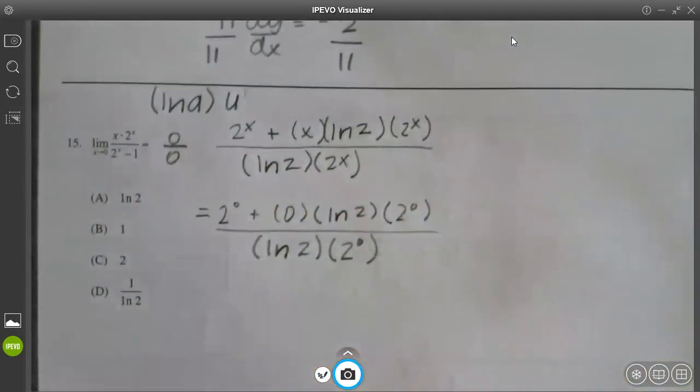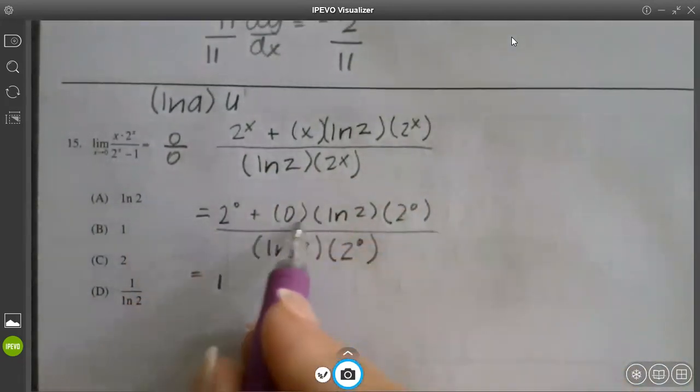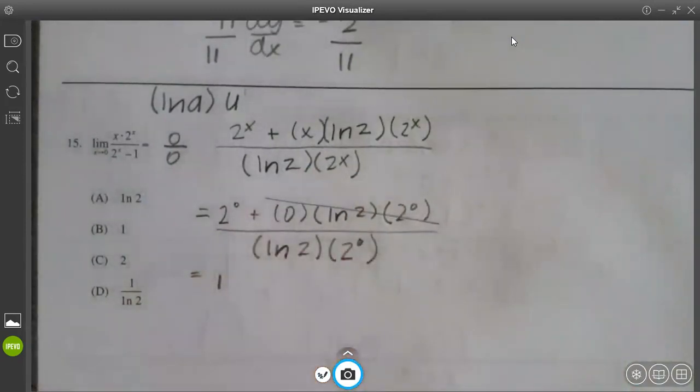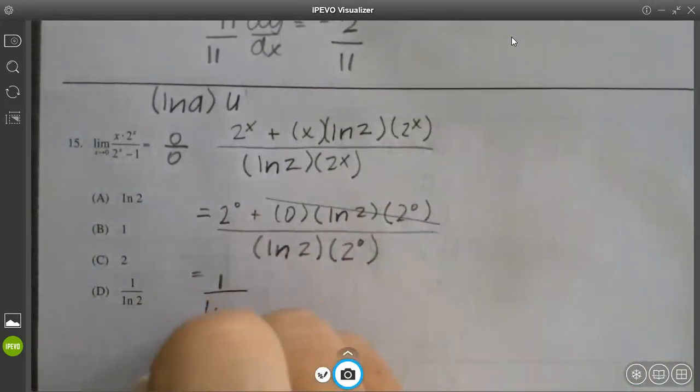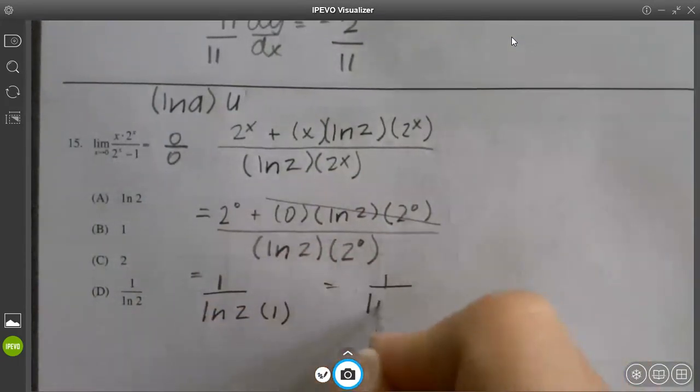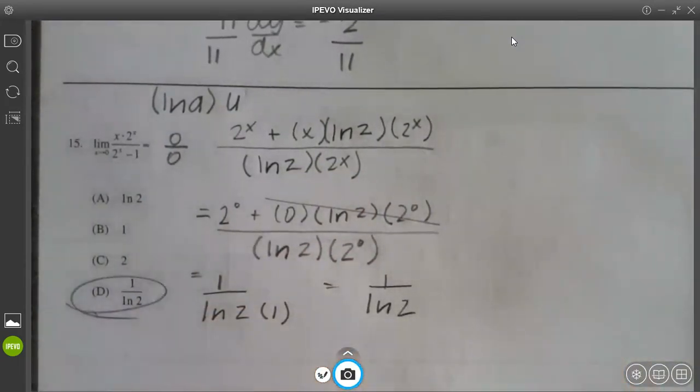Anything to the 0 power is 1. What happens when all this is multiplied by 0? It just gets 0, right? So we don't need any of that. Then on the bottom, we have ln 2 times 1, or just 1 over ln 2.